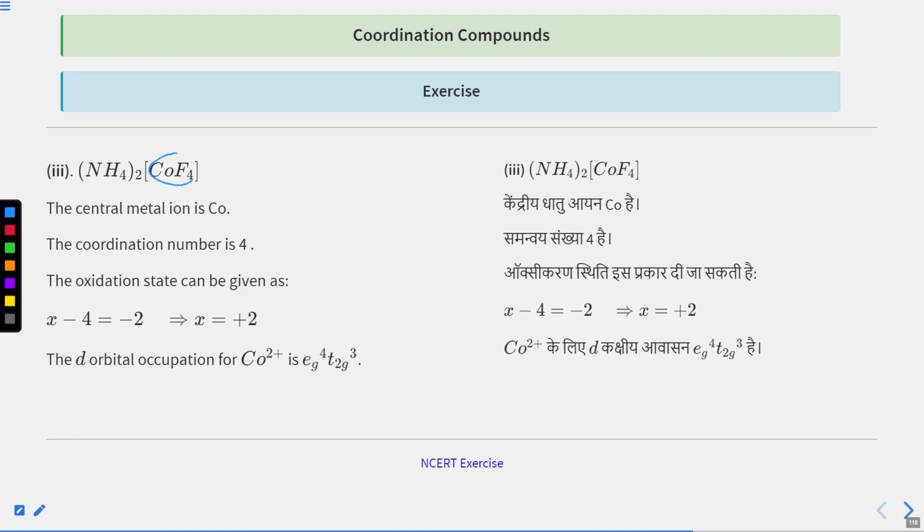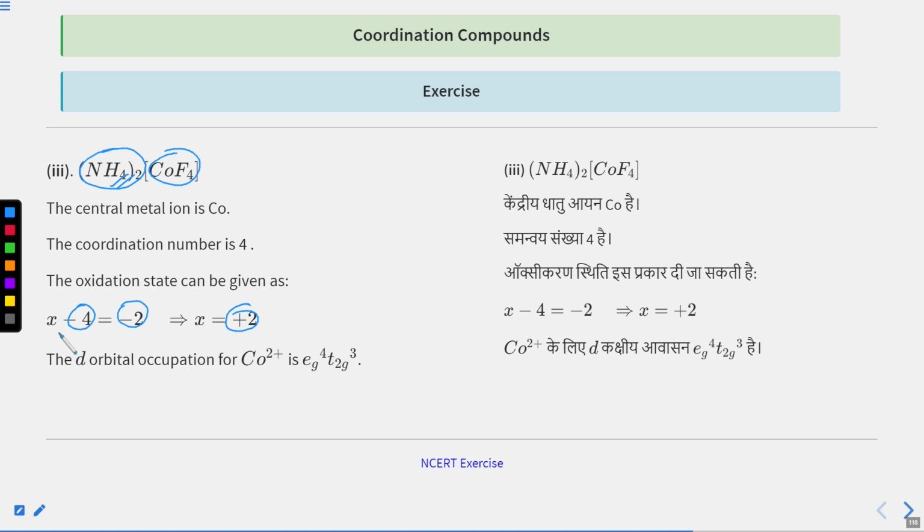Next is (NH4)2[CoF4]. What will the oxidation state be? NH4 taken twice means this is positive, so each will have +1, and the anion will be -2.